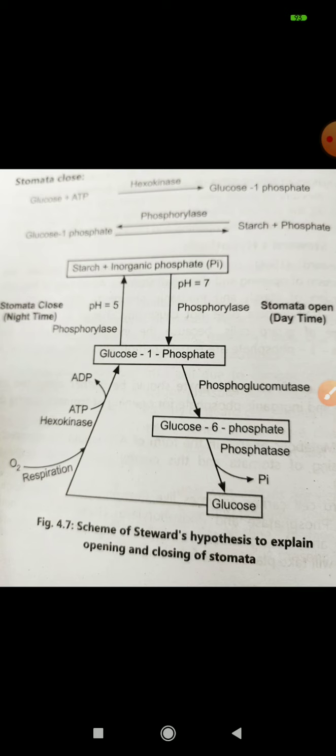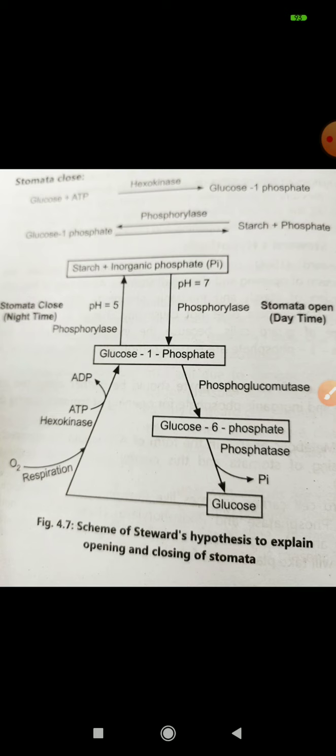Then metabolic energy in the form of ATP is also required at the time of closing of stomata, and this energy is made available from the process of respiration. Guard cells, we know, carry enzymes like phosphorylase, phosphoglucomutase, and phosphatase. These enzymes help in opening and closing of stomata.